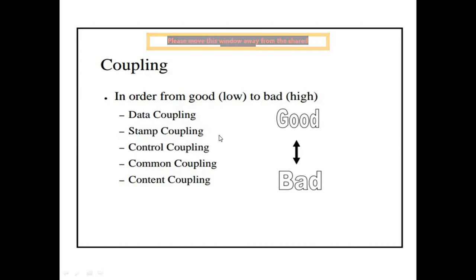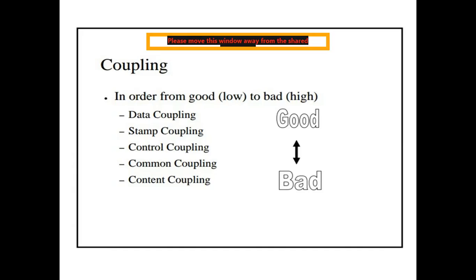So we are going to check the strength of the coupling. Data coupling, if we are using this, then we check the strength in order. This is called good, so we are using the data. These are the types of coupling. Either we can use data coupling, stamp coupling, control coupling, common coupling, content coupling.